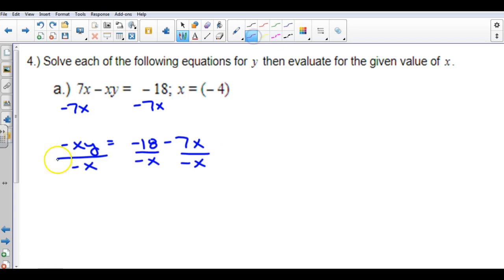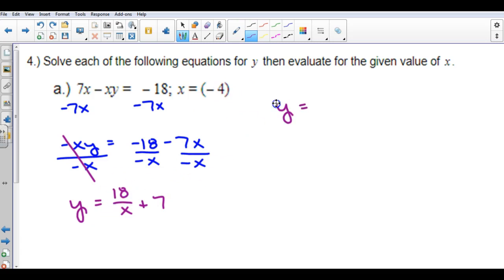So what I end up with then is the y is now by itself. Negative 18 divided by negative x is positive 18 over positive x. And then I have another negative over negative, so this is going to be a positive. And 7x divided by x is just 7. So now that I have my y equation, I'm going to take this x value and substitute it in.